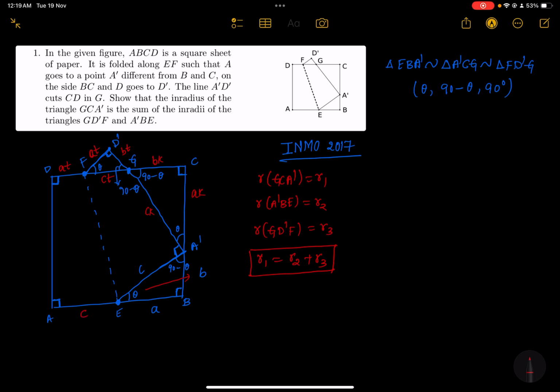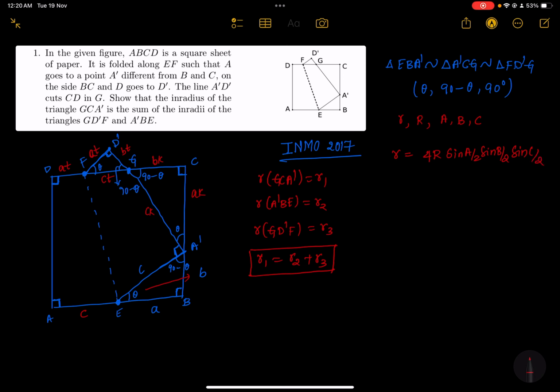Before solving the problem further, I'll quote a relationship between the inradius of a triangle, the circumradius, and the angles of the triangle. The inradius of a triangle is equal to 4 times R times sine A by 2, sine B by 2, sine C by 2.